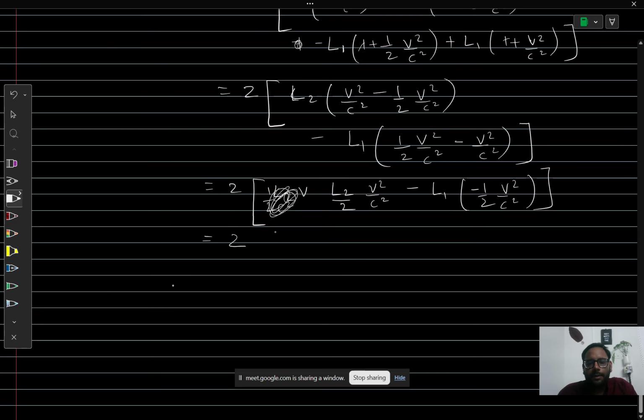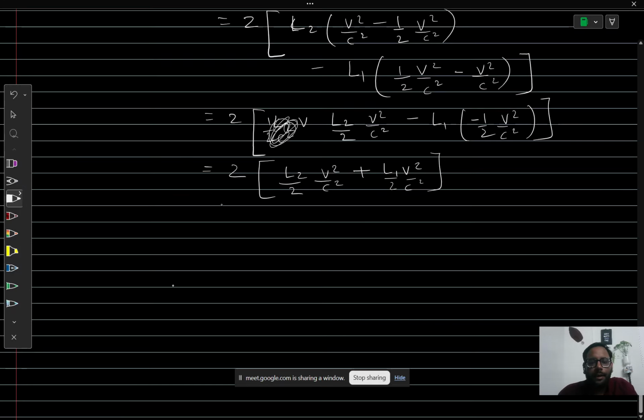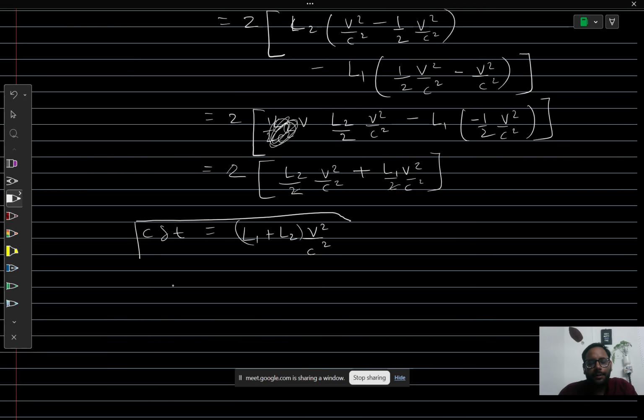And this will be L2 by 2 v squared by c squared plus L1 v squared by c squared. You can just write it and cancel the 2, and you will get L1 by L2 v squared by c squared. Okay, this is our result.